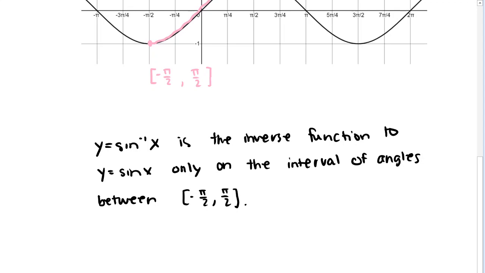And so what I mean by this is that our sine inverse function only undoes the sine function when we're looking at angles plugged into our sine function between negative pi over 2 to pi over 2.